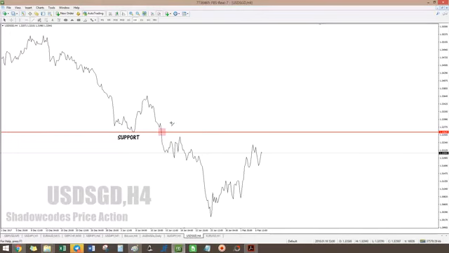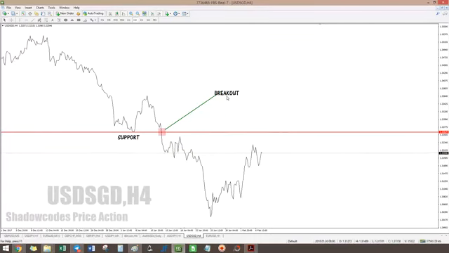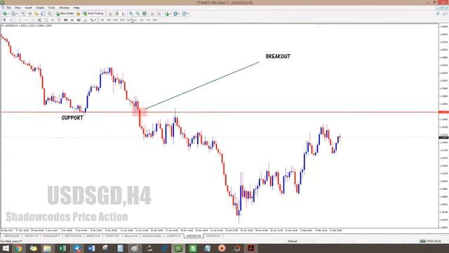We have a breakout. Now we change to candlestick. So what is in here when it breaks?